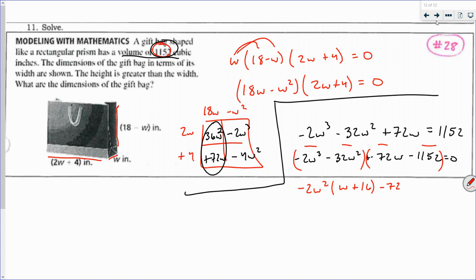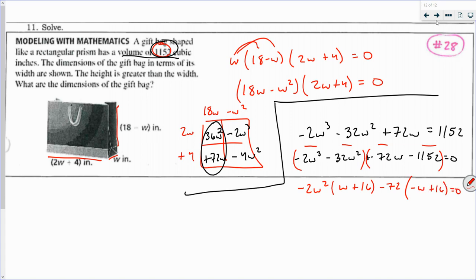Let me think. Yeah, there's a problem with taking a negative 72 out. Here's my problem. If I take a negative 72 out, then this is going to be negative w plus 16.